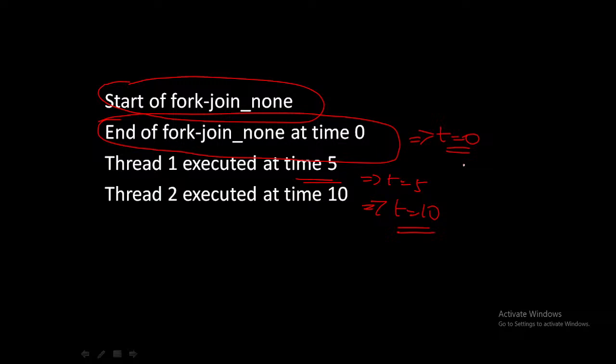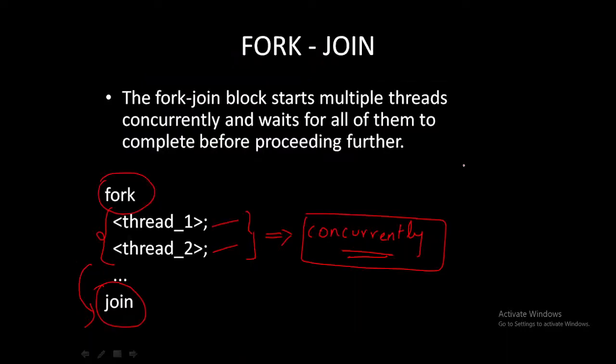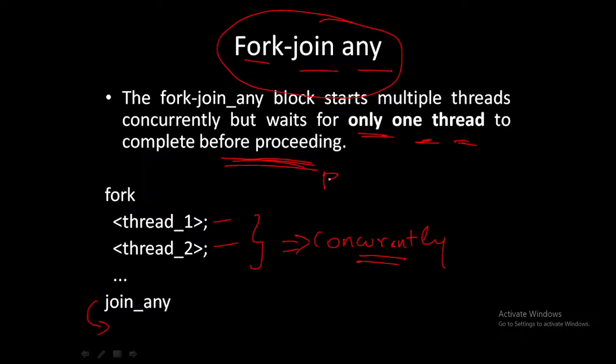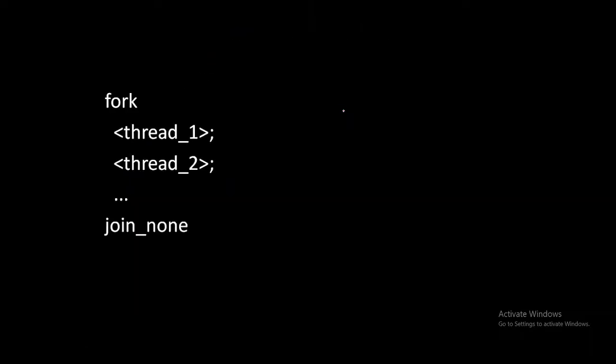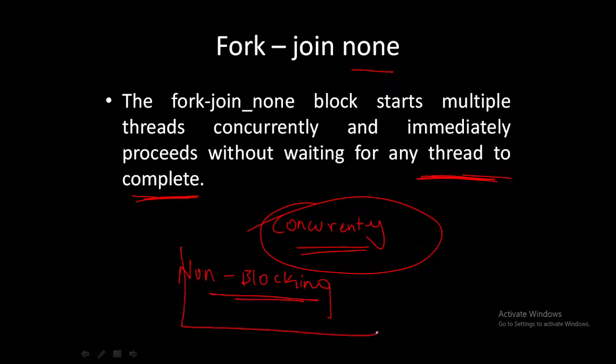Basically you can observe one thing: fork join and fork join any are acting like blocking statements, similar to blocking assignments, whereas fork join none is acting as a non-blocking statement or assignment.